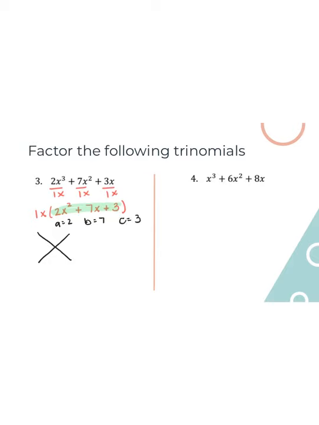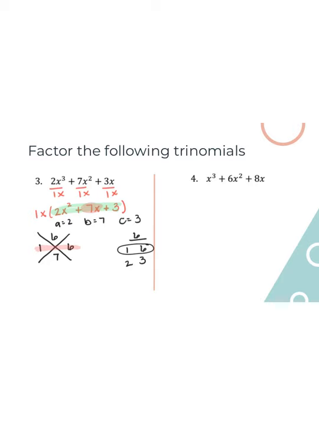Okay, so I'm going to take my a times my c, so I have a 6, and my b goes on the bottom. And if we find our factors of 6, I know 1 times 6 and 2 times 3. Well, there's only one of those that if we added together would equal 7. So I have a 1 here and a 6 here. Now I'm replacing this piece right here with these two right there.